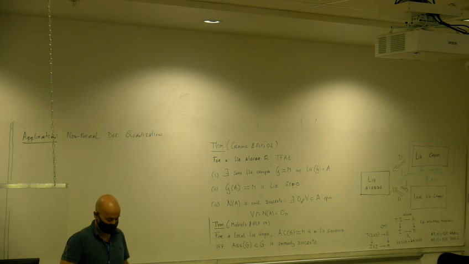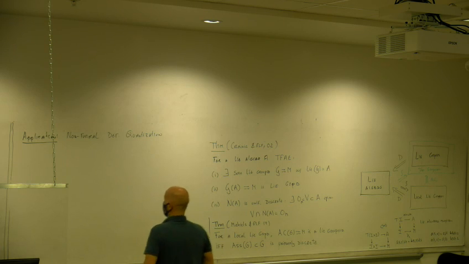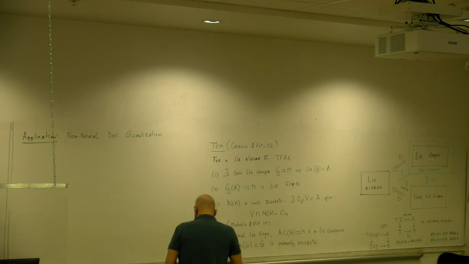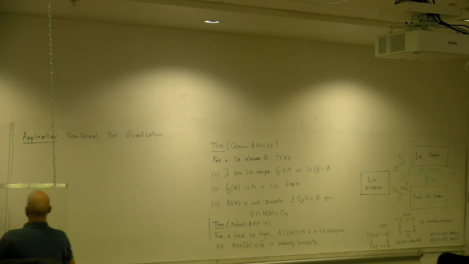But there are no known obstructions to non-formal deformation quantization, at least that I know of, while the formal problem is unobstructed. So what do I mean by a non-formal deformation quantization? Let me start with that.